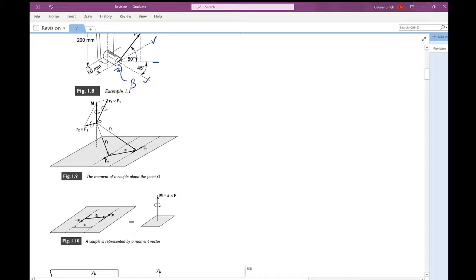So when there are several forces acting, their total moment or torque about a fixed point O is just the sum of R_i cross F_i.